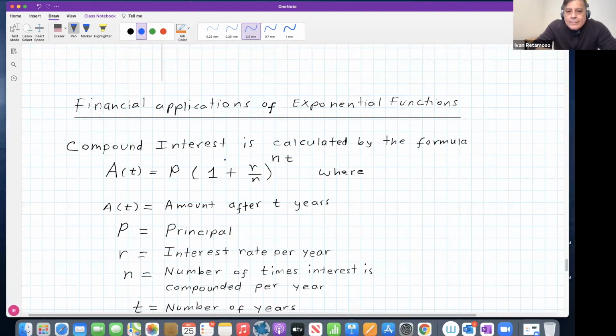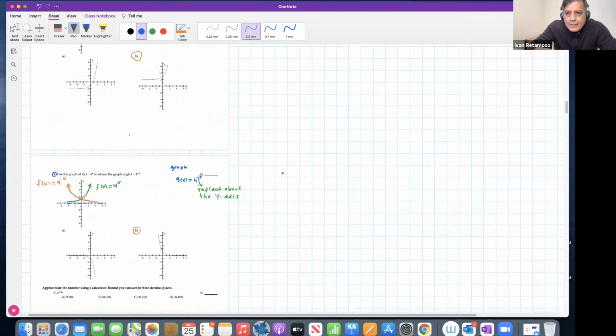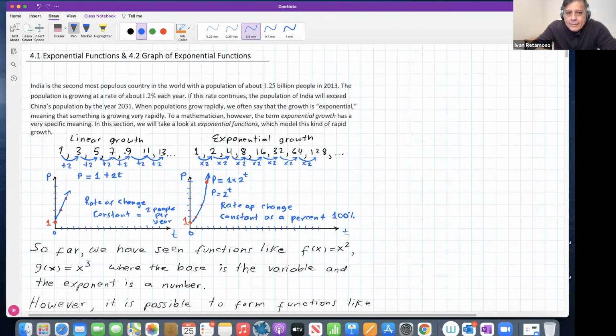Compound interest can be calculated using a formula that is given by exponential function. Remember at the very beginning, I gave you these examples, right? Linear growth, exponential growth. This linear growth serves to compute simple interest, right? The one that you get added to your account every month, right?